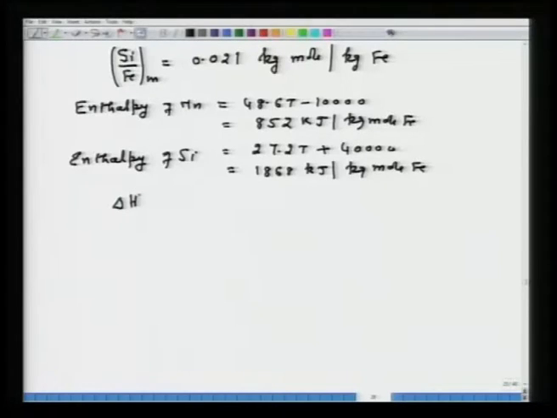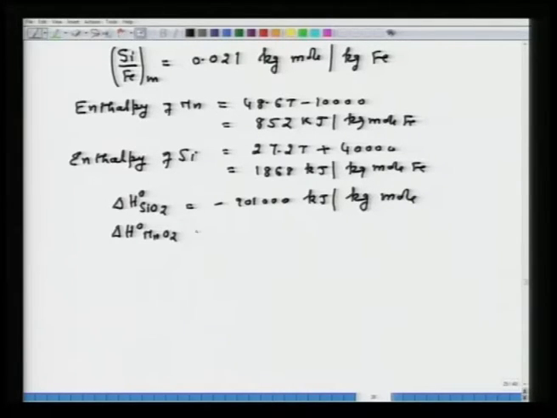So, delta S naught SiO2 is equal to minus 901,000 kilojoule per kg mole, and delta S naught MnO2 is minus 518,478 kilojoule per kg mole.